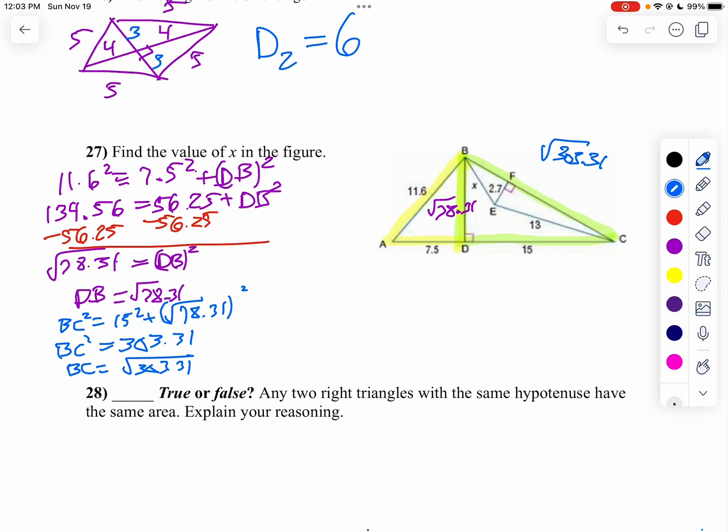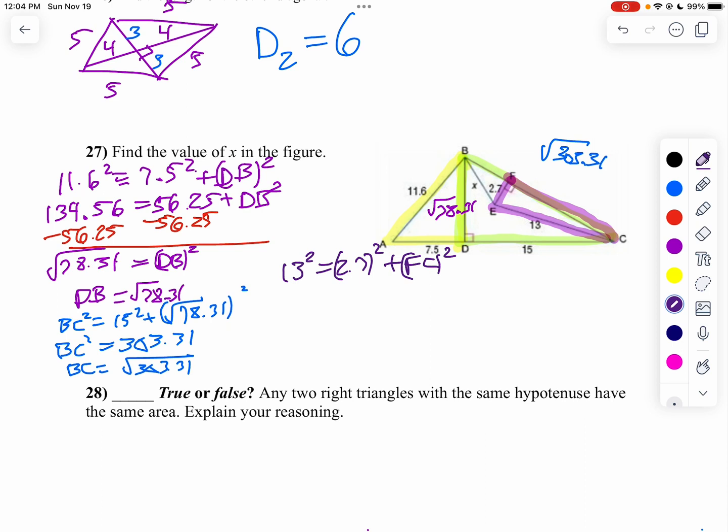Now, I can find FC because here I've got F to E to C. So now I'm going to say my hypotenuse is 13. So 13 squared equals 2.7 squared plus FC squared.